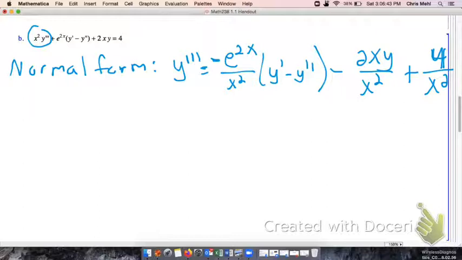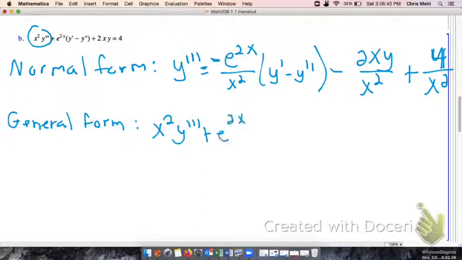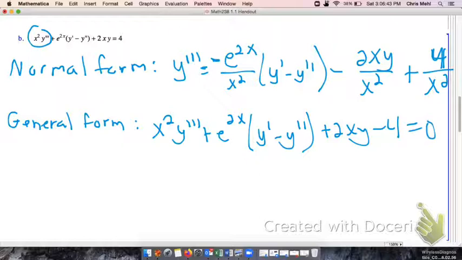Now if I want to put this in general form, I really just need to get a 0 on one side. So that would be x squared y triple prime plus e to the 2x y prime minus y double prime plus 2xy minus 4 equals 0.